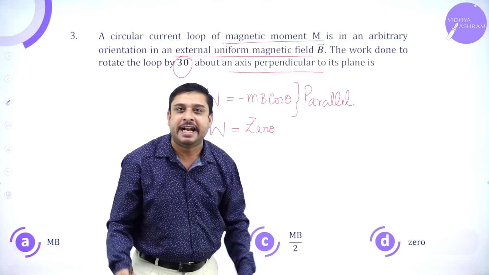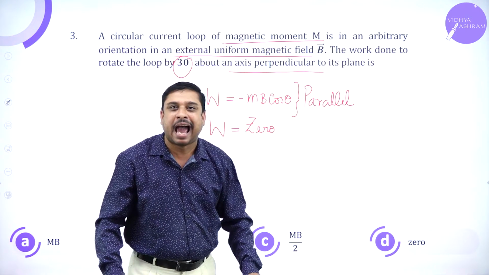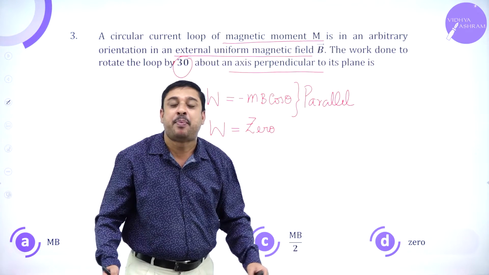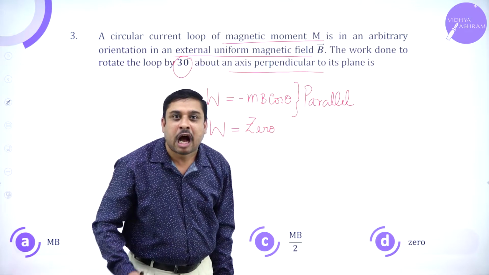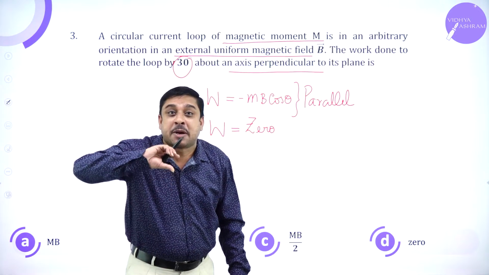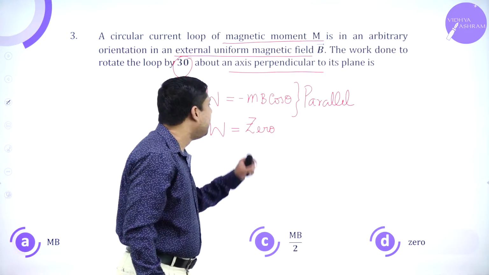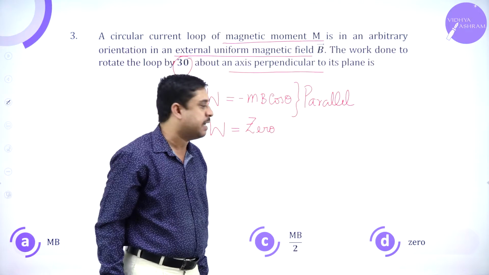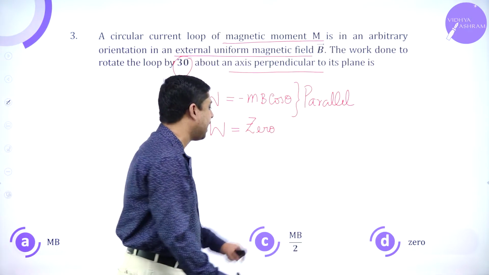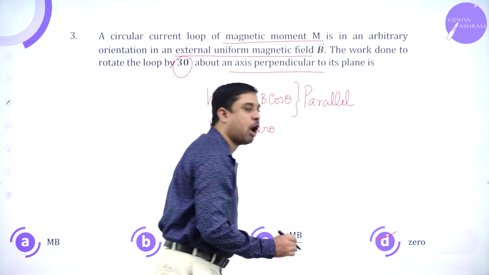The moment I read in the question that the axis is perpendicular, if a coil is rotating about a perpendicular axis, immediately work done is 0. So the answer is the 4th option.